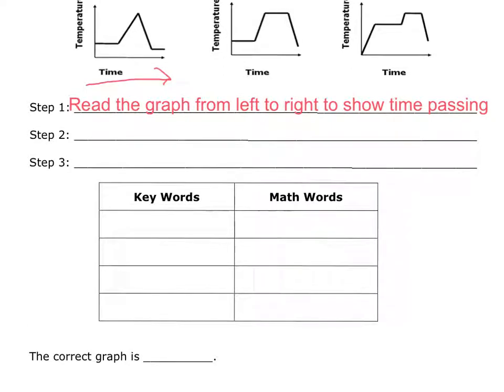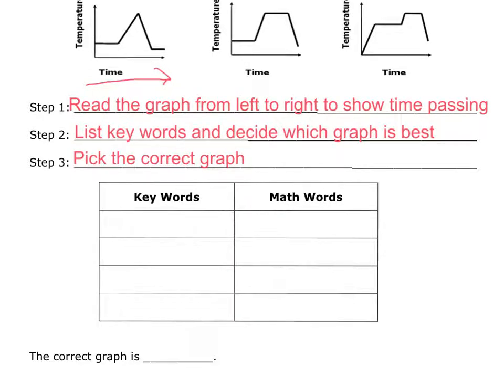Your second step is to list keywords and describe which graph is best. And then finally, step 3 is to pick the correct graph. So here are your 3 steps in deciding which graph is going to be best for you.